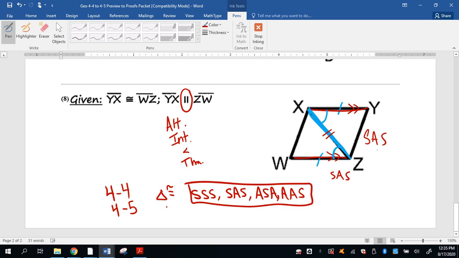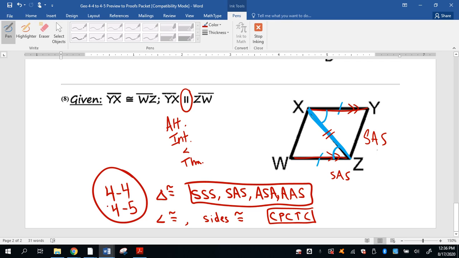Once triangles are congruent, then you can say that angles are congruent or corresponding sides are congruent by CPCTC, corresponding parts of congruent triangles are congruent. Once you establish that the triangles are congruent, then corresponding sides are congruent. And those are the ideas of proving triangle congruence using this method.